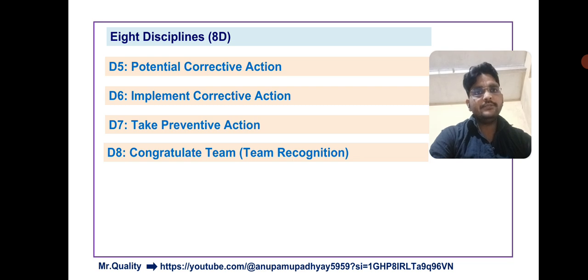And eighth one is congratulate the team, meaning the team prepared that has product and process knowledge, that team we should congratulate.